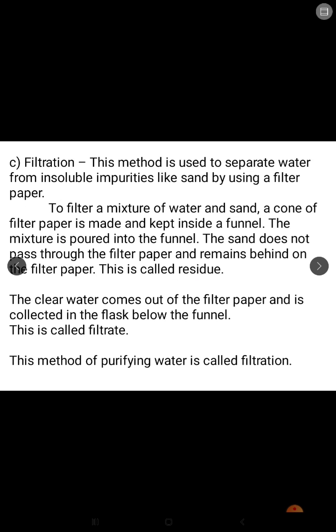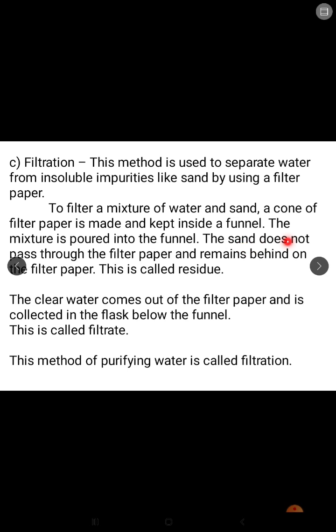Last method is filtration. This method is used to separate water from insoluble impurities like sand by using a filter paper. To filter a mixture of water and sand, a cone of filter paper is made and kept inside a funnel. The mixture is poured into the funnel.